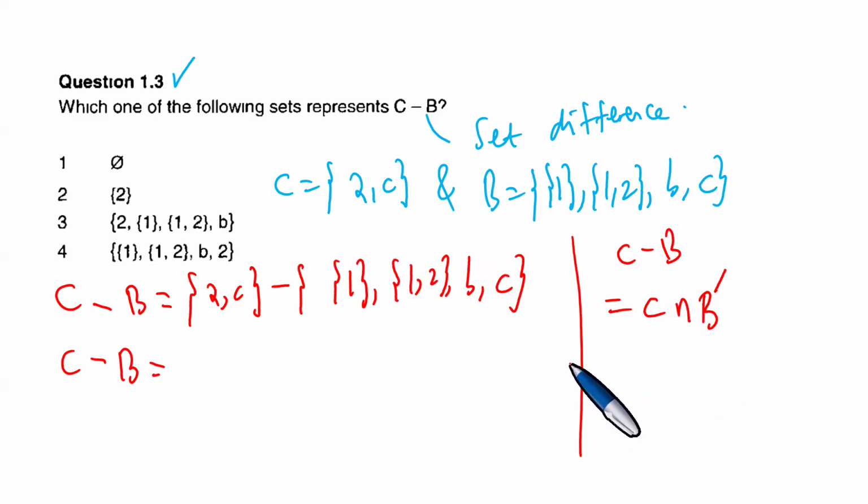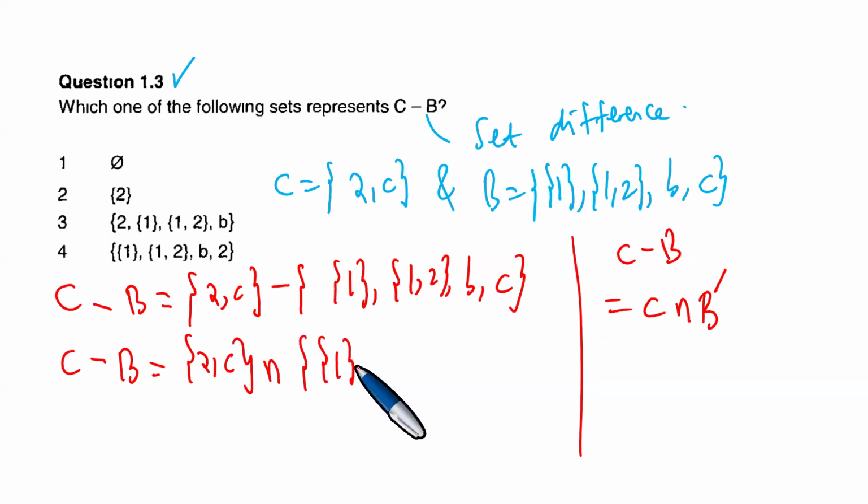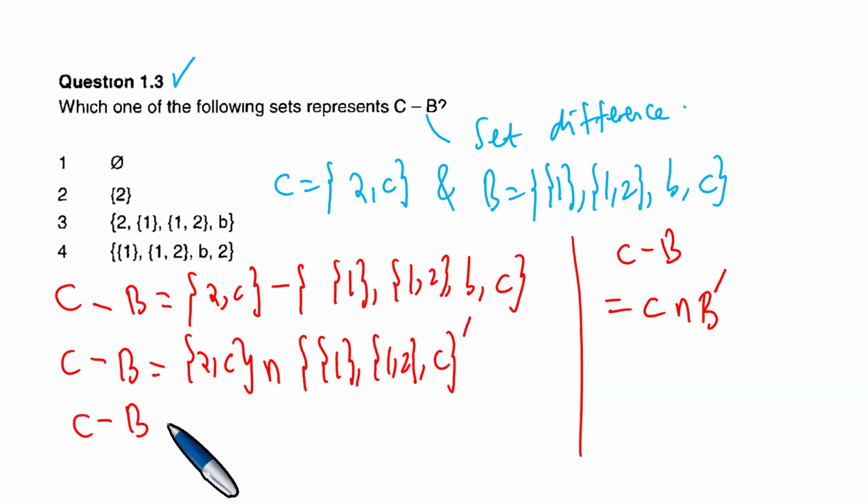So one can be in a position to use this. So now that's what I'm going to use. We can use C, 2 and C, intersection the complement of this set, which is the singleton 1, 2, C complement. What is C minus B?